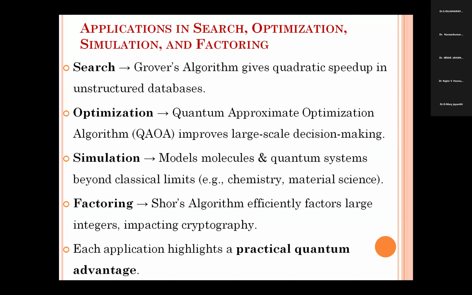Large scale decision making. Then, as a simulation, it models molecules and quantum systems beyond classical limits. For example, we use this wherever we are approaching. In the previous session, the speaker also told us that for many chemical reactions and material science, we are using these quantum applications.